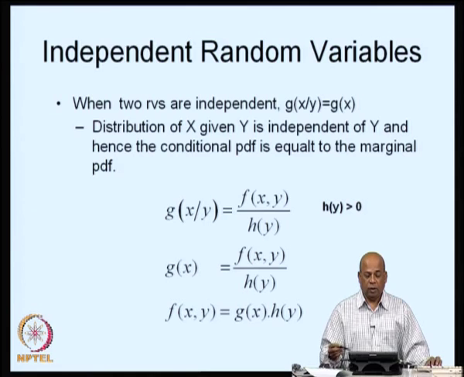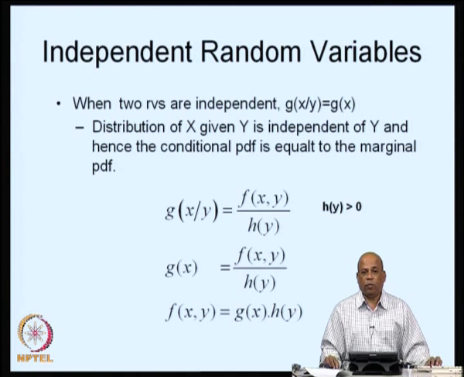Now, because the two random variables are independent, g of x given y will be the same as g of x, and therefore, we write g of x is equal to f of x comma y, which is a joint density function, divided by the marginal density of y, and from this we write f of x comma y will be equal to g of x into h of y. Now, this is both the necessary as well as sufficient condition for the two random variables to be independent.